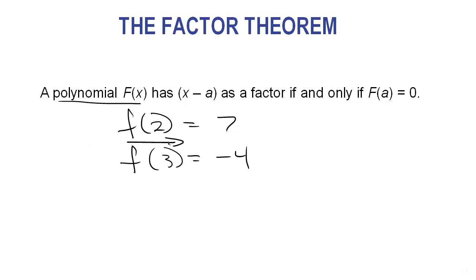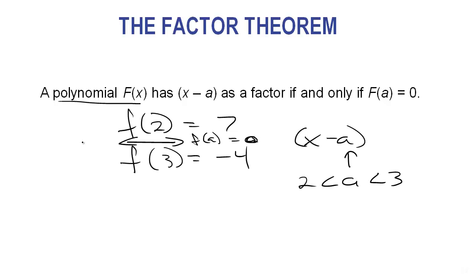So that means somewhere in between here, there has to be an f of something that when you plug it in, you get a 0. And that means that there's going to be some factor, and this a is just going to be somewhere between 2 and 3 according to this information. Okay, so that's how we're using this idea to kind of help us.